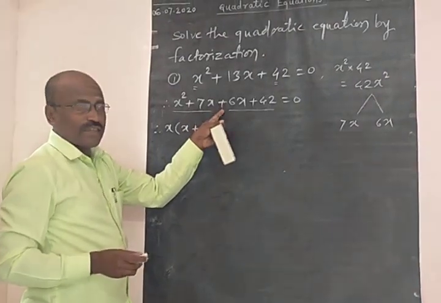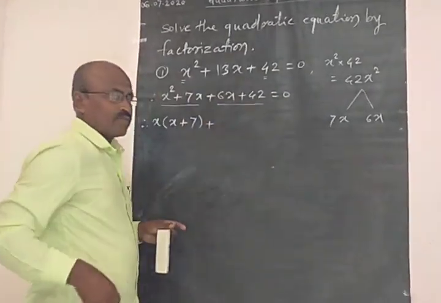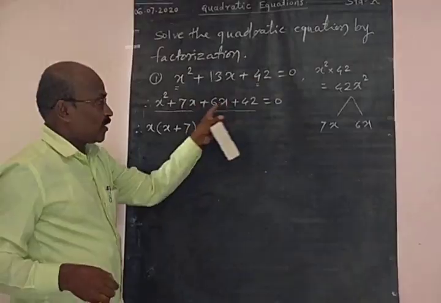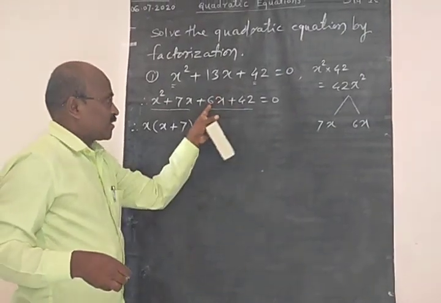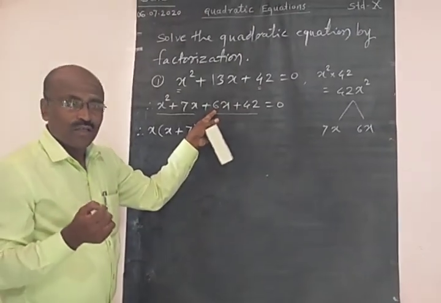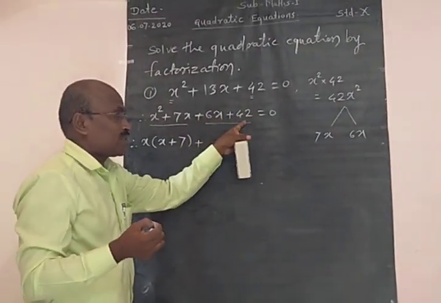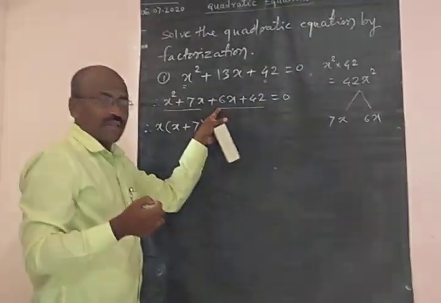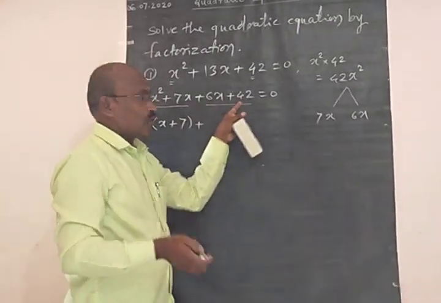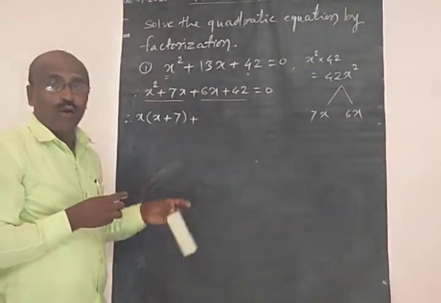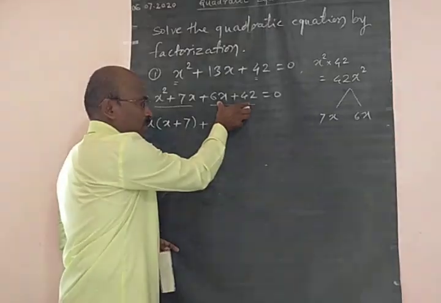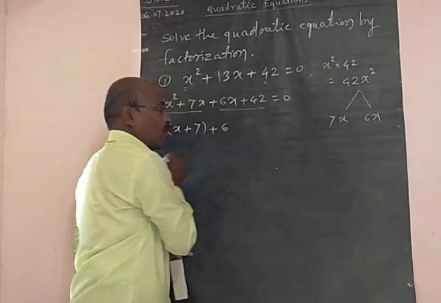Again here is the plus sign, so take plus here. In these two numbers, 6 is the smallest number. If 42 is divided by 6, then it divides completely. So here 6 is a common factor of these two terms, that is, take 6 as a common factor here.